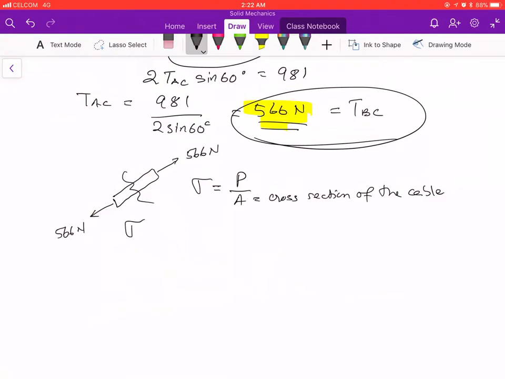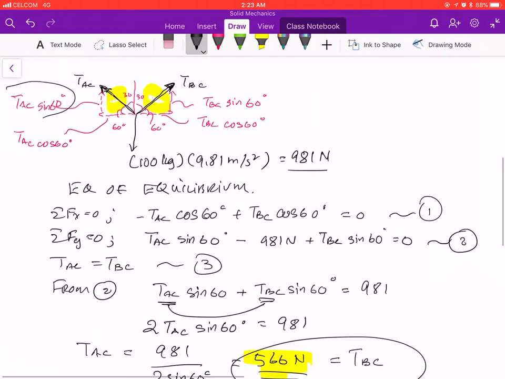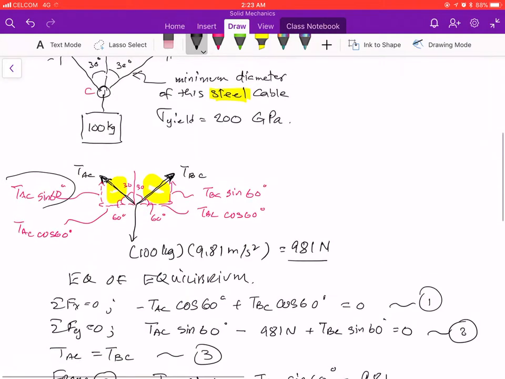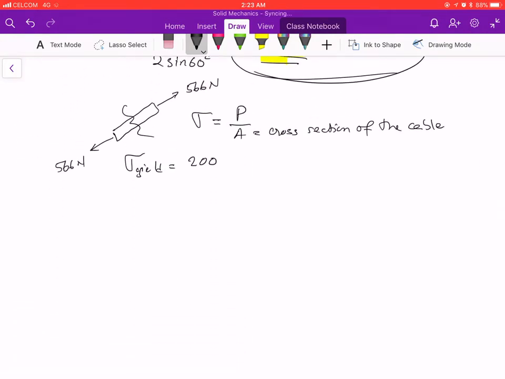So my sigma yield for steel I want to take at 200 gigapascal, so 200 gigapascal equals my force divided by my A.